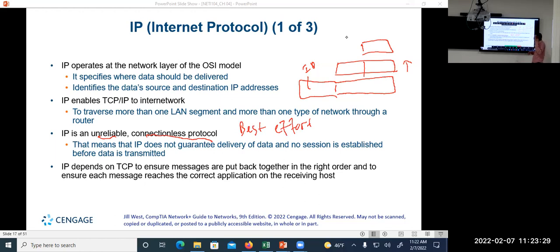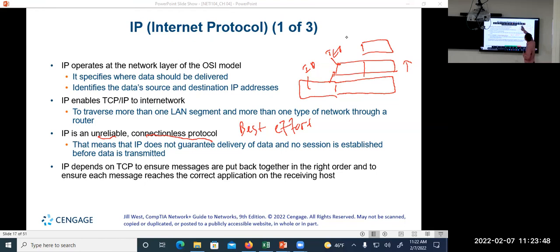You don't care if the destination is available or not. You don't care if something is lost during the transmission or not. So if you want something reliable, you have to totally depend on the transport layer. You have to depend on TCP here. That's the way it works.